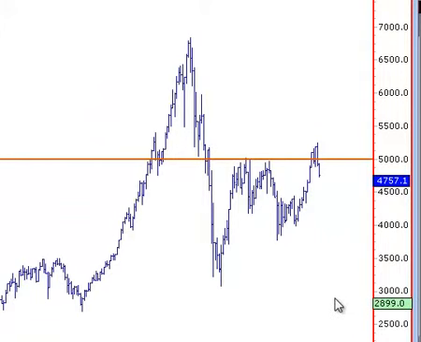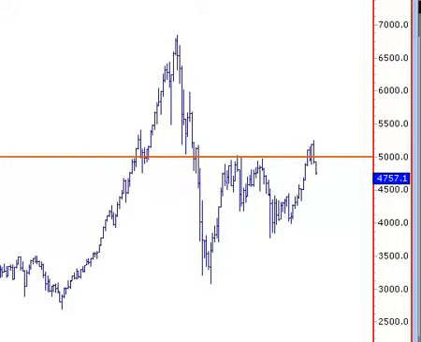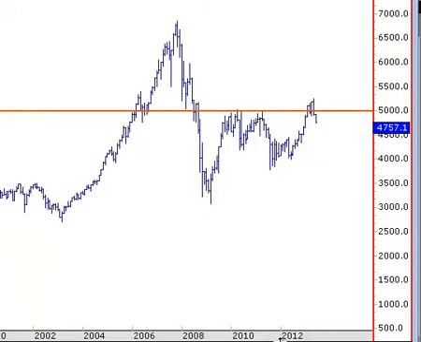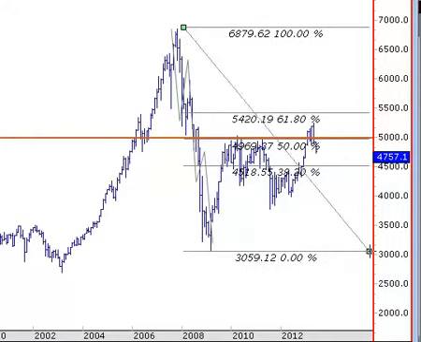I just wanted to have a look in the bigger picture here. This is the monthly chart for the ASX 200 here, and I just wanted to explain a couple of things. Essentially, in this bear market we were looking for 5 waves down through here, and then we were looking for a 61.8 retracement level from this move down, which is up here, at 5.4 there.